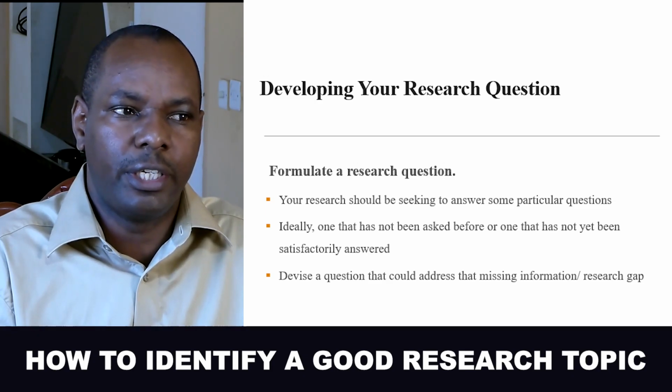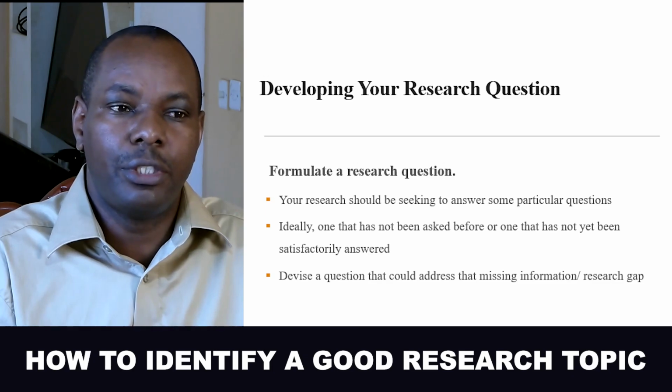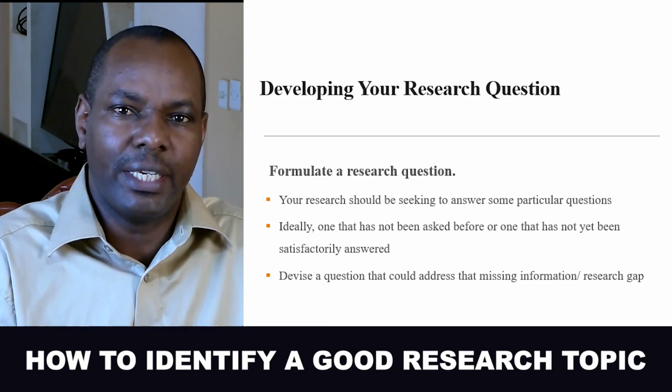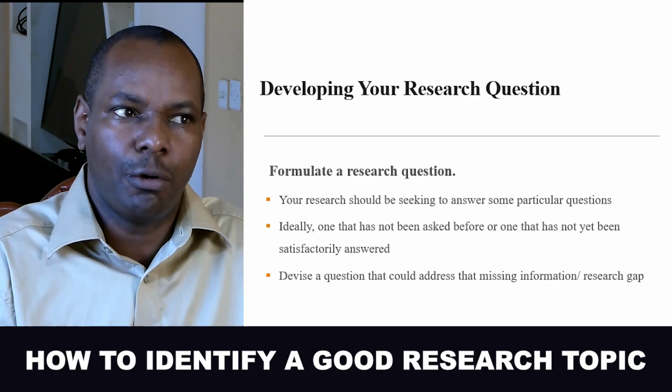You need to devise a question that could address the missing information. What is the missing link? What is the missing information? Or what is the research gap? So you ought to be able to stipulate that in your research questions and in your specific objectives.